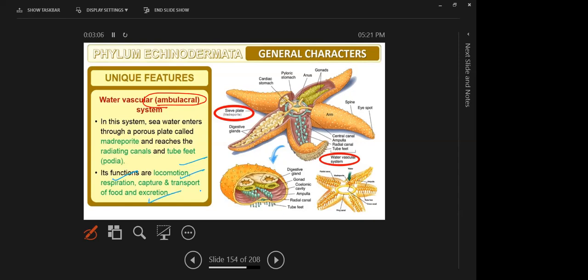What do you call that porous plate on the body? Madreporite. So that's why we call it ambulacral system.